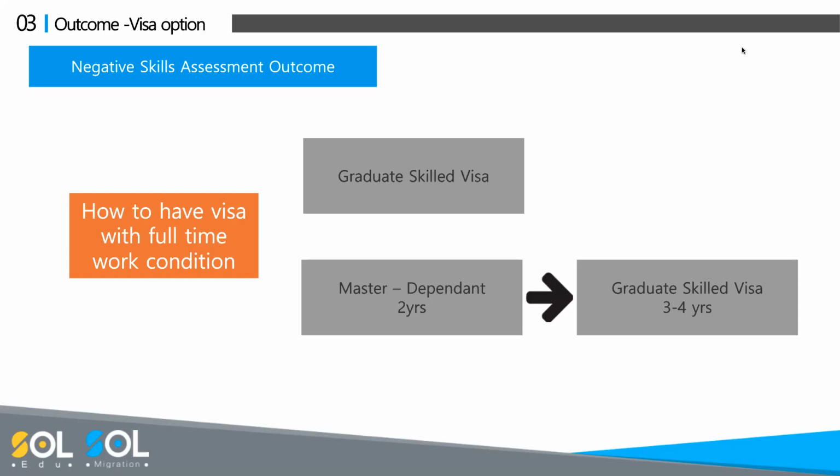But engineering is too expensive and I'm not interested in being an engineer. Then what else can you do? Then you have to find another course which allows you permanent residency.